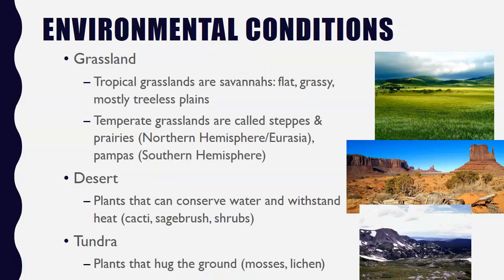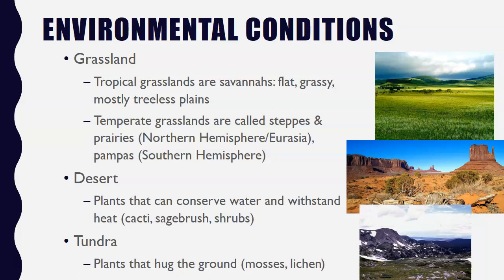Another main type of biome is a grassland, and grasslands are flat regions that are dotted with a few trees, and they tend to be called different things depending on where you are. Tropical grasslands are usually called savannas. They are flat, grassy, and they are mostly treeless.